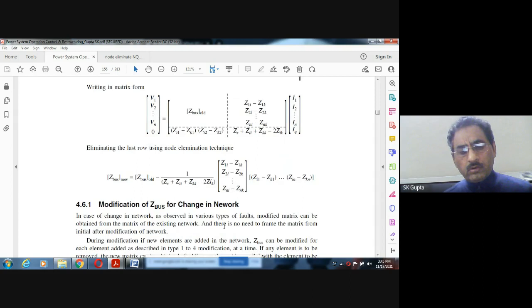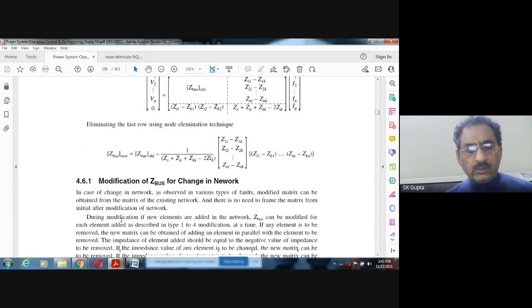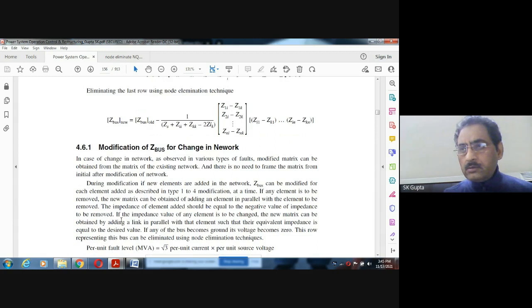Now, before describing the node elimination technique, or before taking any numerical question, we will take something more. Sometimes it happens that Z bus is already available, and some modification may be needed.